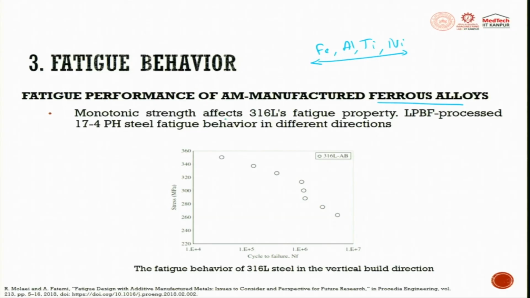So, monotonic strength affects 316L fatigue property. Laser powder bed processed 17-4 PH steel fatigue behavior in different conditions is shown here. This is a stainless steel which is made, and then you have this cycle of fatigue and the stress.